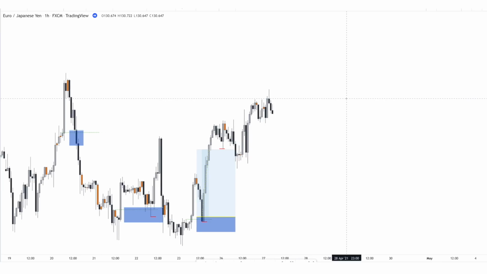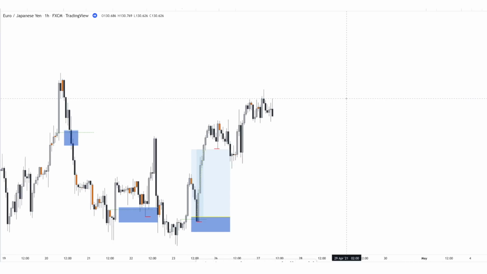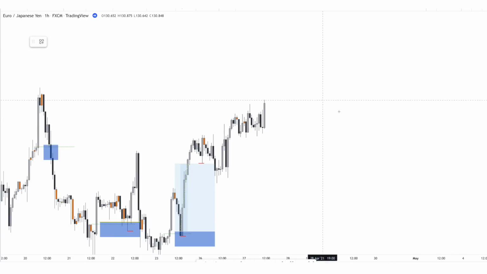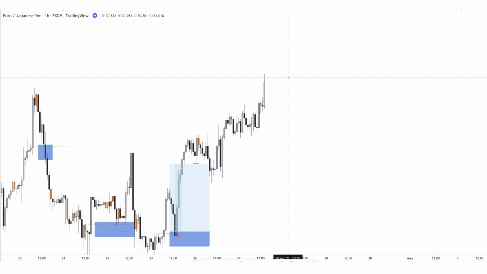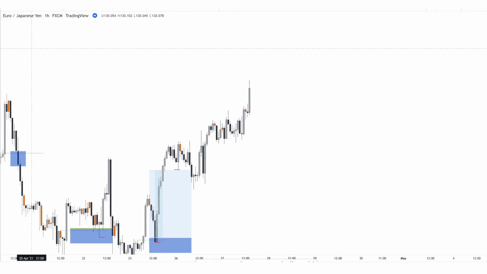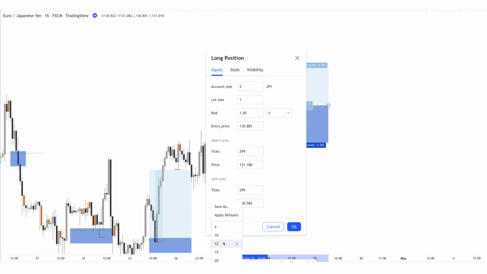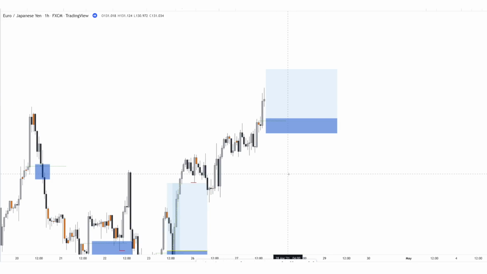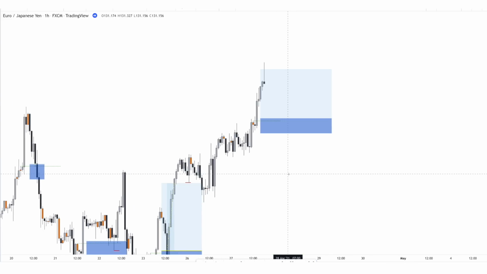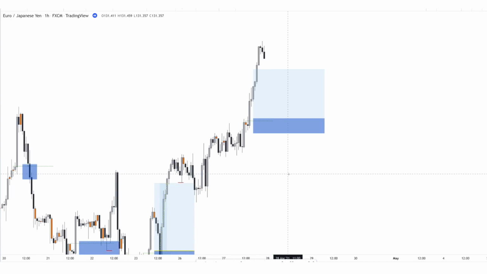Let's just see how price is reacting. All right, we've got a strong push up even on this level here. Let's set an order on this level, see if price comes down. And price is not coming back for us, and that is okay.